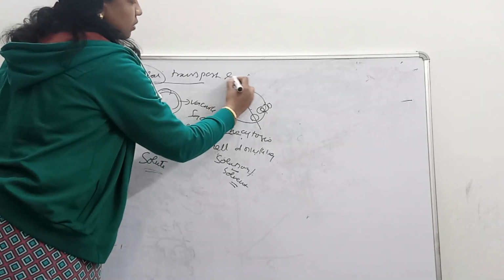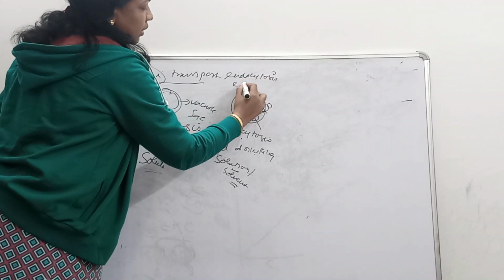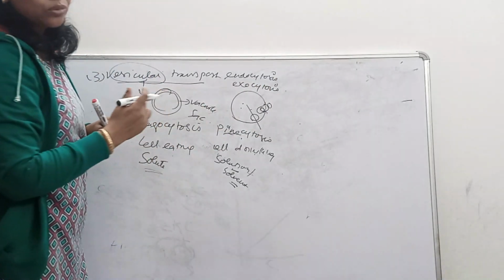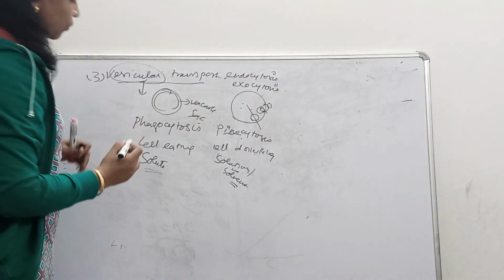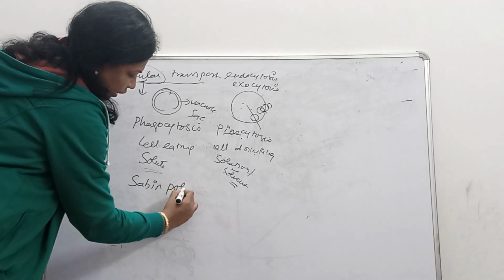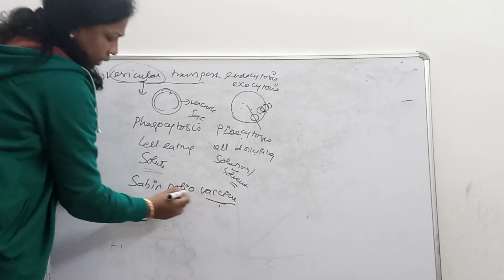It also includes some other mechanisms like endocytosis and exocytosis. So the example for those drugs which undergo vesicular transport is Sabin polio vaccine, as the vaccine contains the microorganisms.